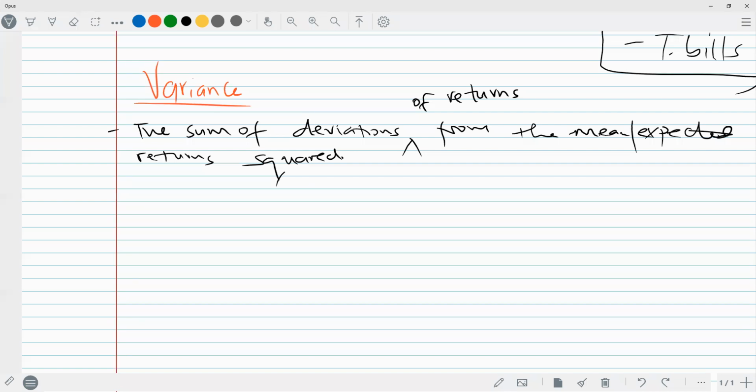So we can summarily say that variance, which I will represent as sigma squared, is equal to the sum of the return minus the mean return, squared.